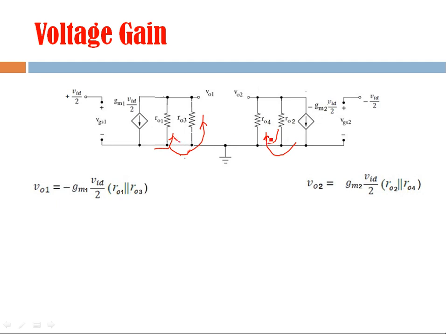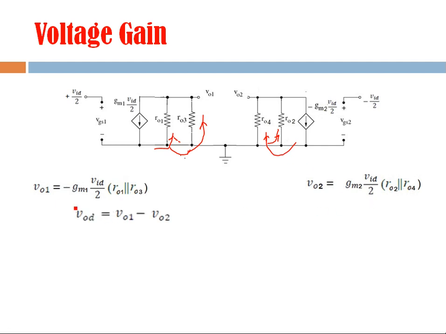So here also this current is going like this, and so the voltage at this node is this current multiplied by the net resistance here, right? So this is minus, and this is going from low to high, from this point to this point. So the voltage here will be given by this equation.